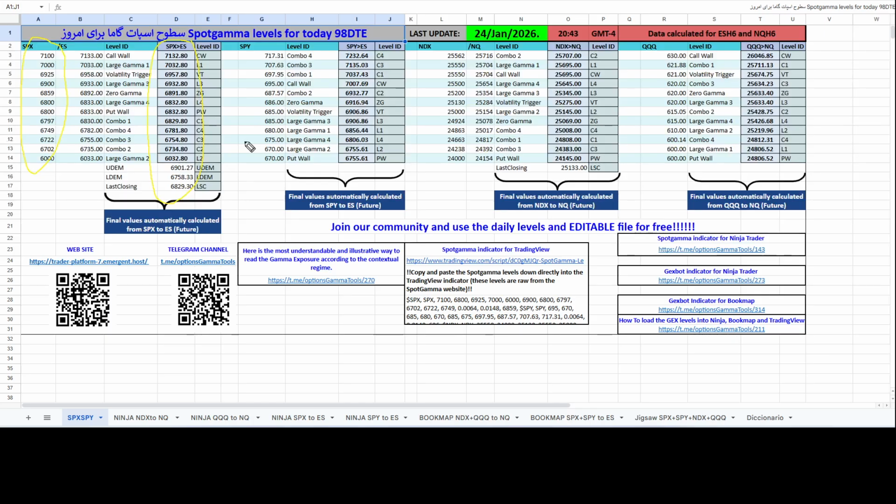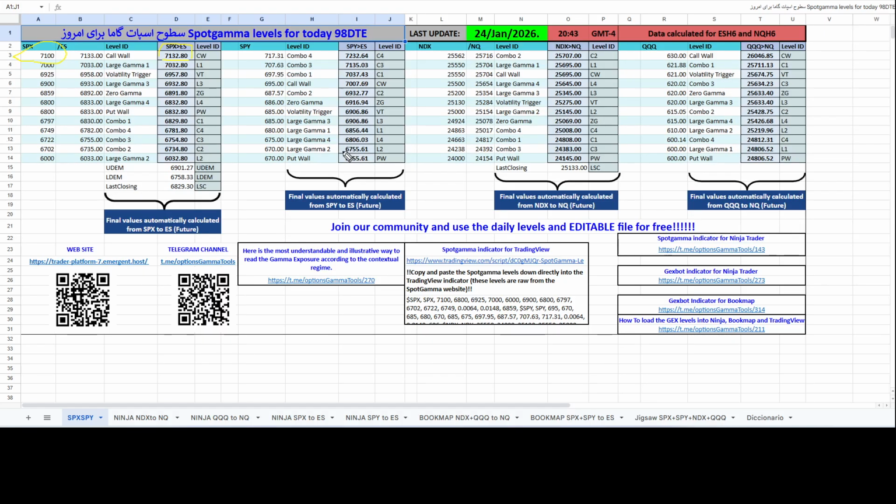With those two indicators you can calculate the difference between SPX and ES, and you can calculate the final value that is automatically calculated from SPX to ES.